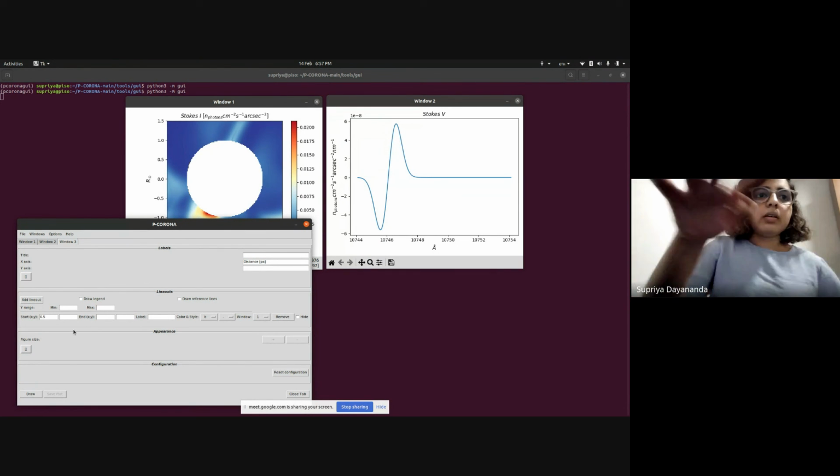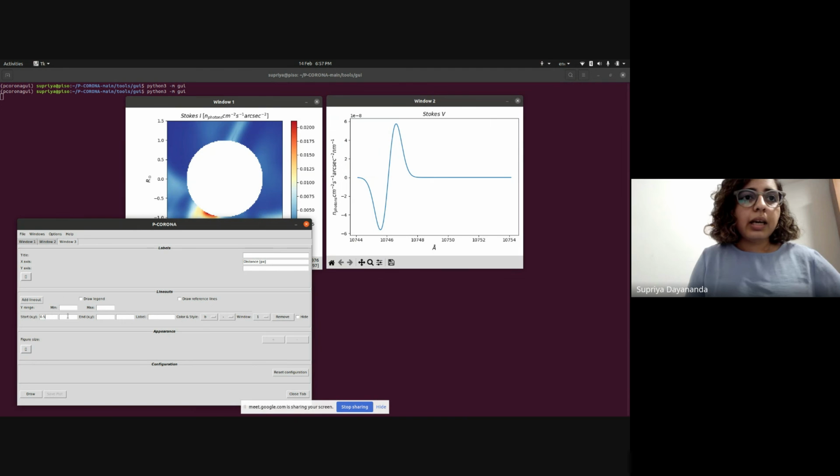Let me put some numbers here, say x 0.5 to x 1.5, and I'll call this line 1 and draw.